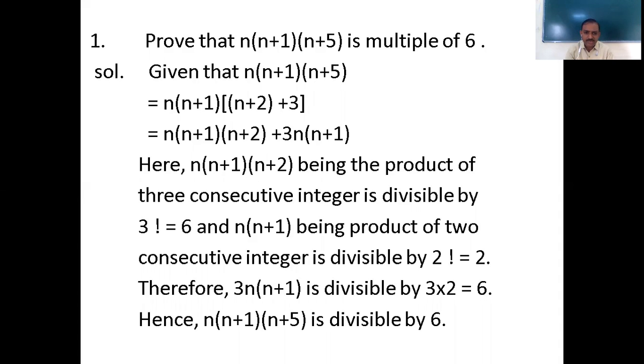Therefore, 3n into n plus 1 is divisible by 3 into 2, that is 6. Hence, we can say that n into n plus 1 into n plus 5 is divisible by 6, as 3 consecutive integers give 6 and 2 consecutive give 2, into 3, therefore it is 6. Hence n into n plus 1 into n plus 5 is a multiple of 6 here.